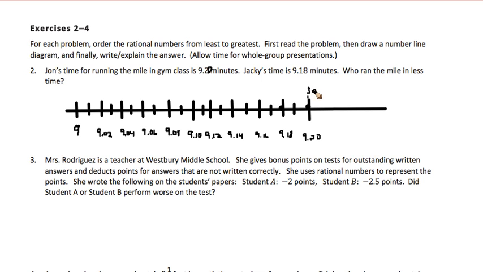So we'll make a little note there, John. And Jackie's time is 9 and 18 hundredths. Who ran the mile in less time? Well, looking at the number line, Jackie's time is further to the left. So Jackie ran it in less time.